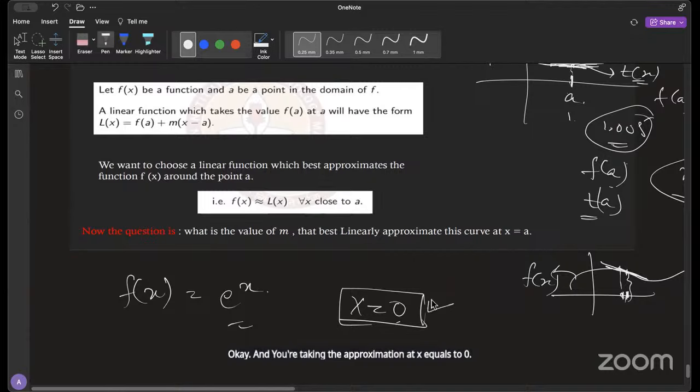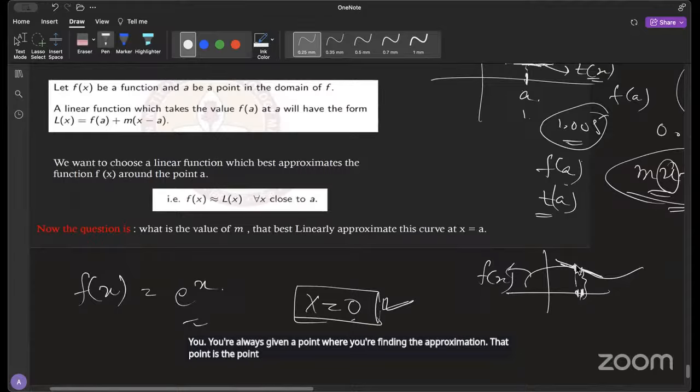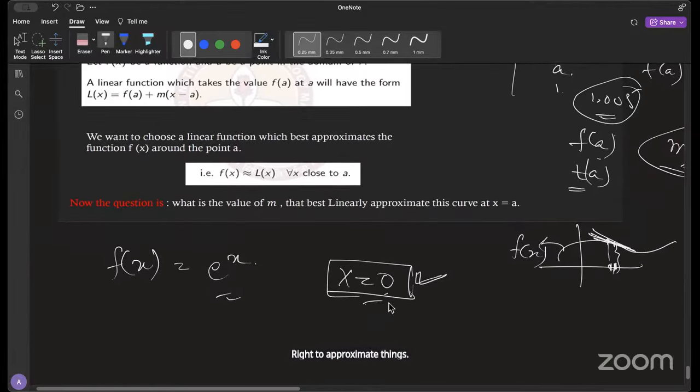So you're always given a point where you're finding the approximation. That point is the point where you will draw the tangent, right? To approximate things. So you'll be given this point, and then you need to find the value of e at, let's say, 0.05. Let's say you need to find the value at this point. So this is what you have to find.